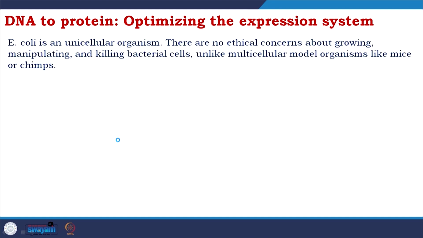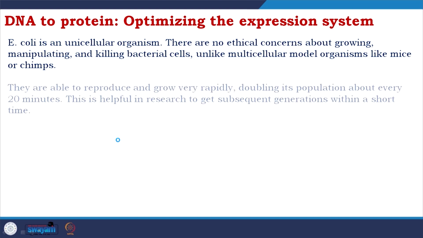When it is bacteria, the handy choice is E. coli. Why? Because E. coli is a unicellular organism, pretty well known, well studied. There is no ethical concern about growing, manipulating, killing bacterial cells, unlike when you do it with mouse or chimpanzee or higher organisms.